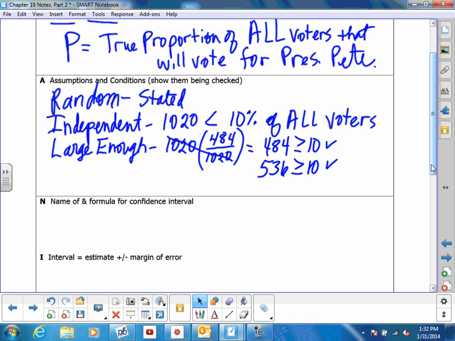So one question before we summarize our conditions. What are we going to do if this is not large enough? Aha! Good. If it is not large enough, there is still hope.